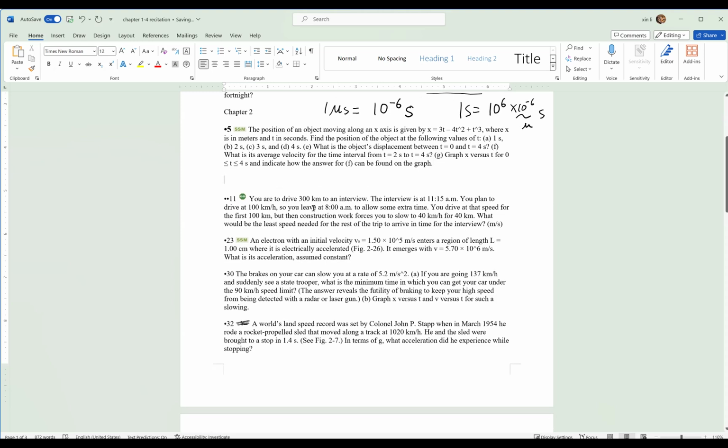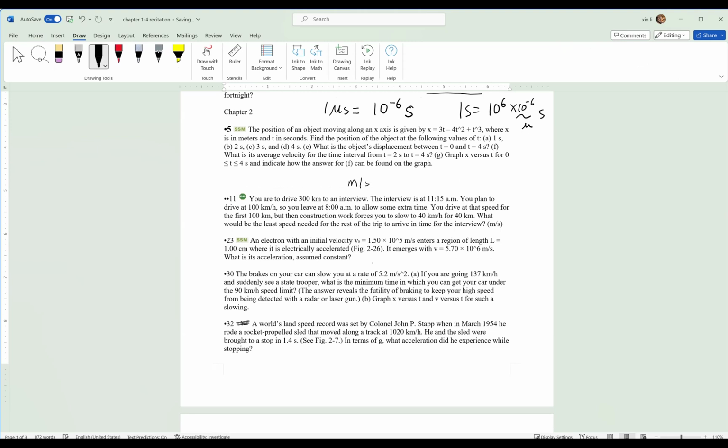And also for number 2, you are driving and there are different time intervals, and you are going to find what would be the least speed you are going to need for the rest of the trip to arrive in time for the interview. So for this problem, you have to convert the kilometers per hour to meters per second.